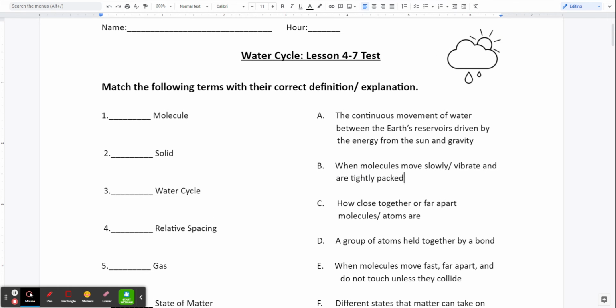All right, moving over to the right side. A is the continuous movement of water between the Earth's reservoirs driven by the energy from the sun and gravity. Please make sure you put the letter A on the corresponding line that you think goes with this definition.